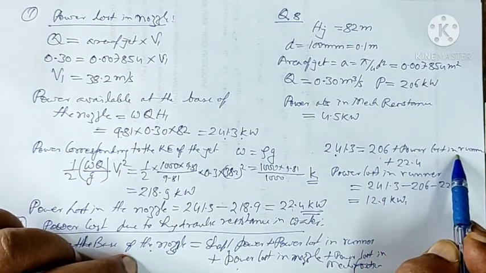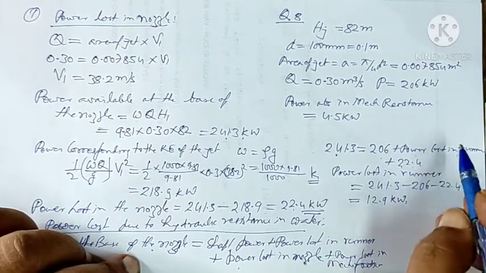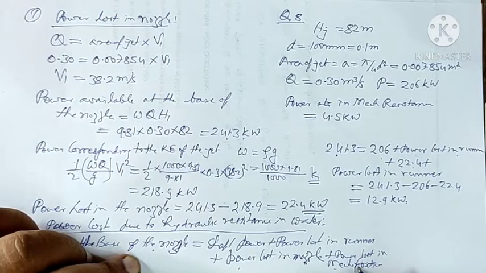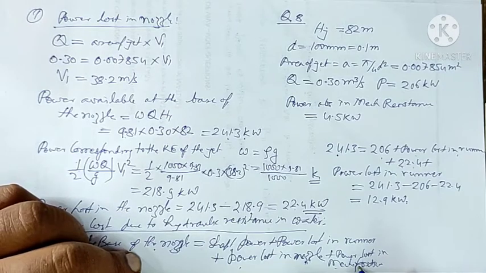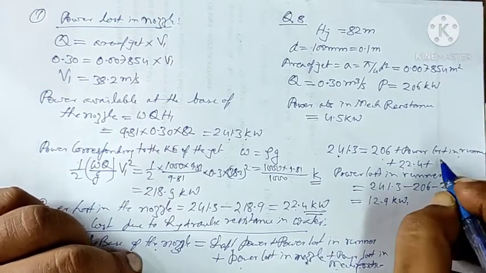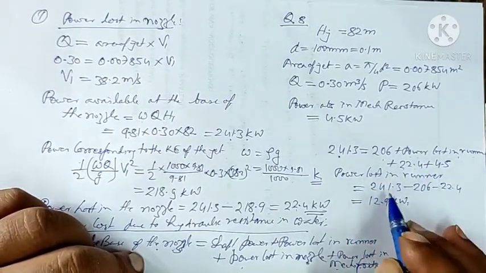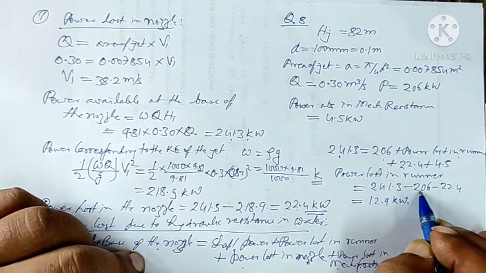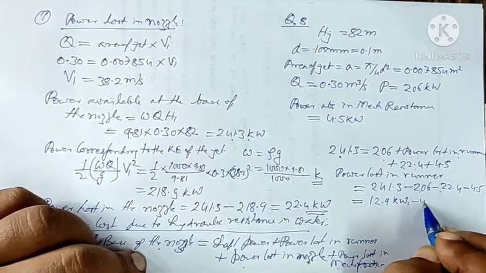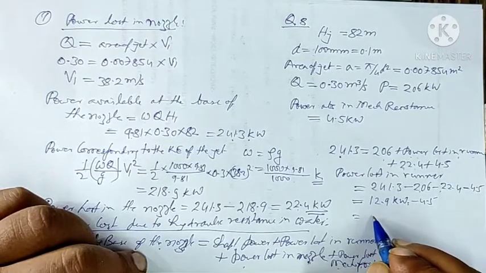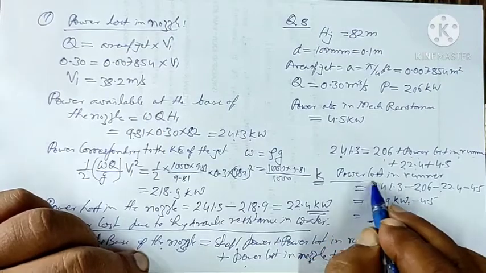Power lost in the runner is what we have to calculate, the power lost in the nozzle is 22.4, plus mechanical frictional losses or mechanical resistance. Power absorbed in mechanical resistance is 4.5 kilowatt. So power lost in the runner will be equals to 241.3 minus 206 minus 22.4 minus 4.5. So this will be equals to 8.4 kilowatt. So this is the power lost in the runner.